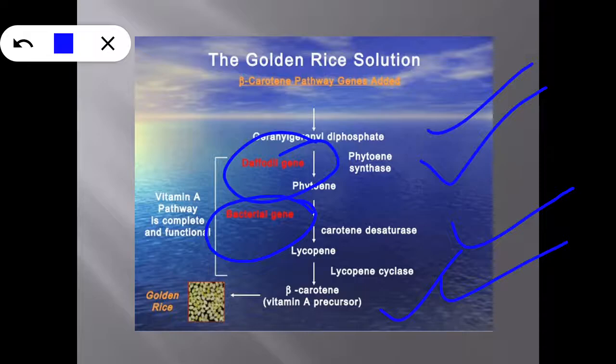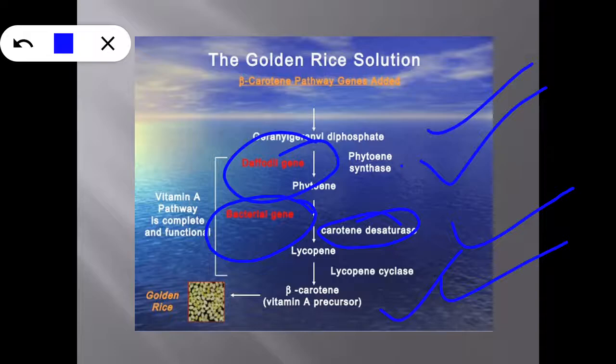So the importance of these genes is that in the normal white color traditional rice, these two genes are lacking. The genes are phytoene synthase and carotene desaturase. So through recombinant DNA technology, the genes are transferred so that the plant is able to synthesize phytoene synthase and carotene desaturase.